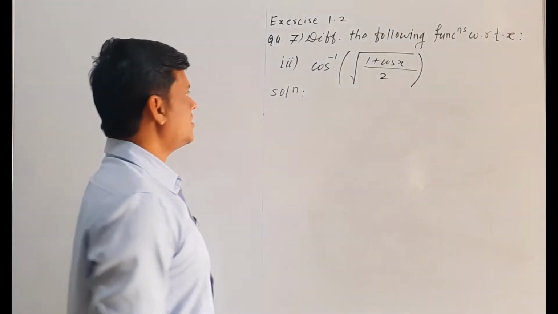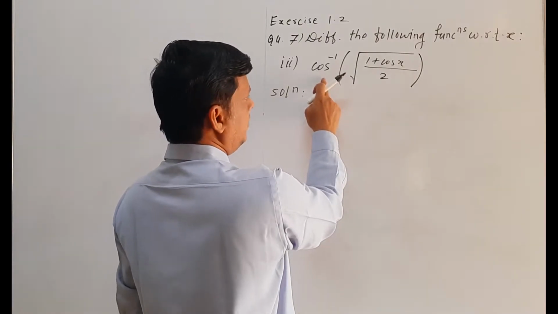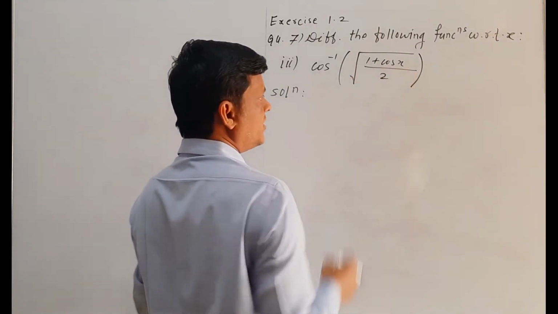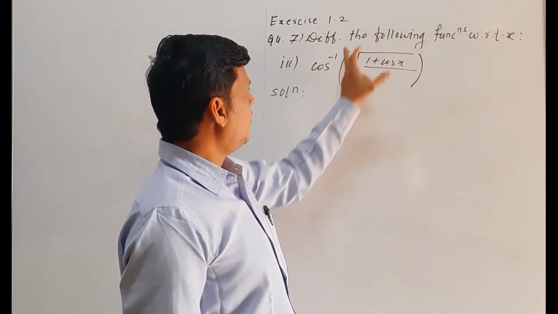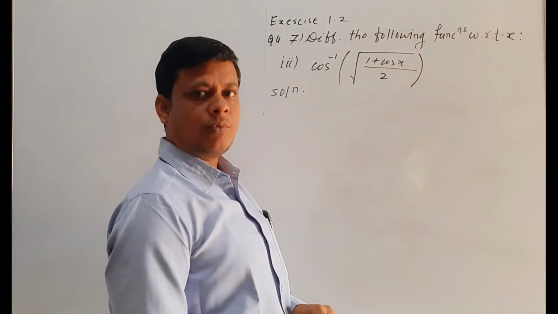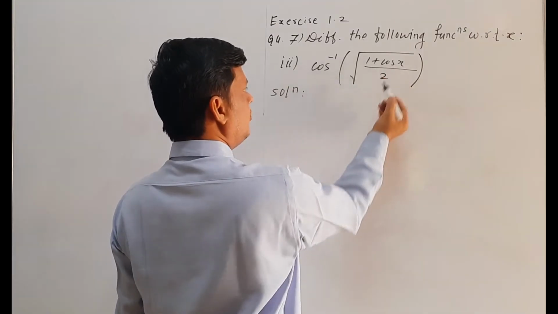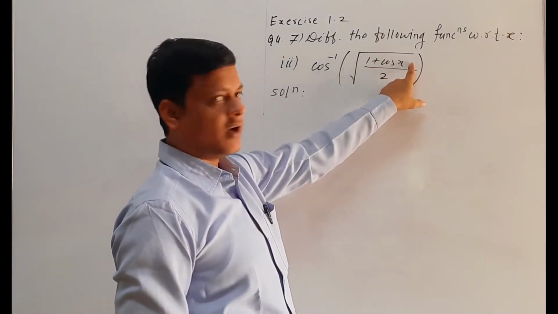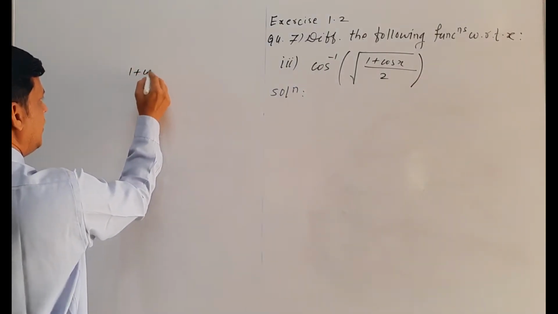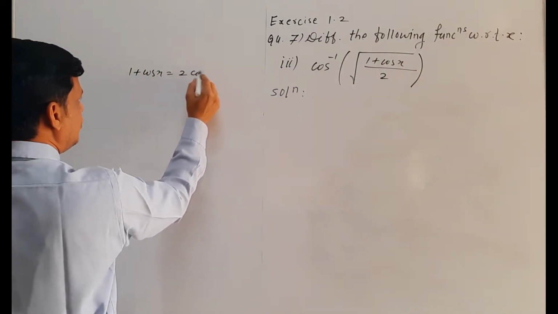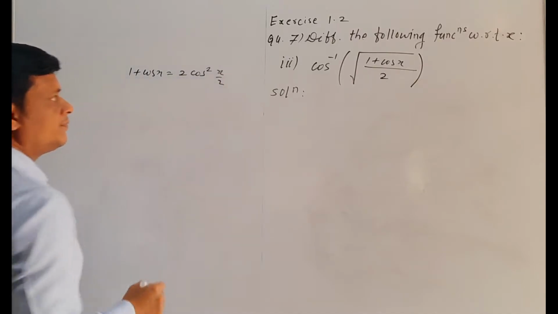Now see third sub question, cos inverse of under root 1 plus cos x by 2. Here the outer function is cos inverse, that means we reduce this bracket in terms of cos. So in the numerator, 1 plus cos x, that means we have to apply here the half angle formula. 1 plus cos x is equal to 2 cos square x by 2.